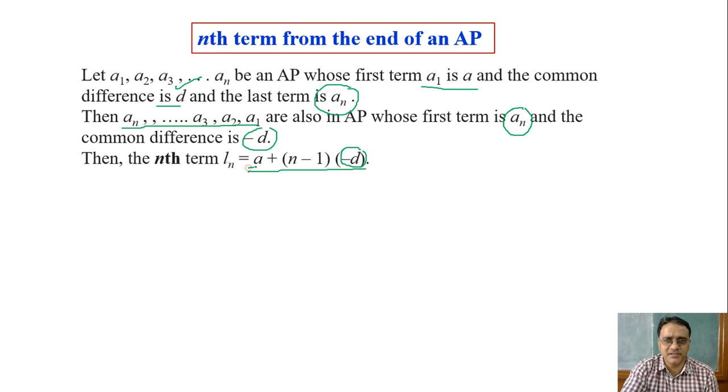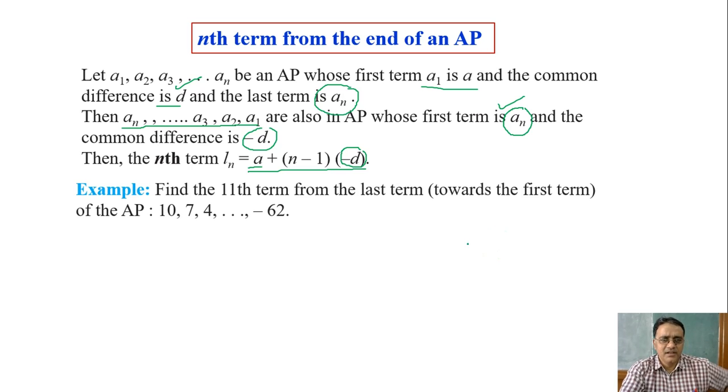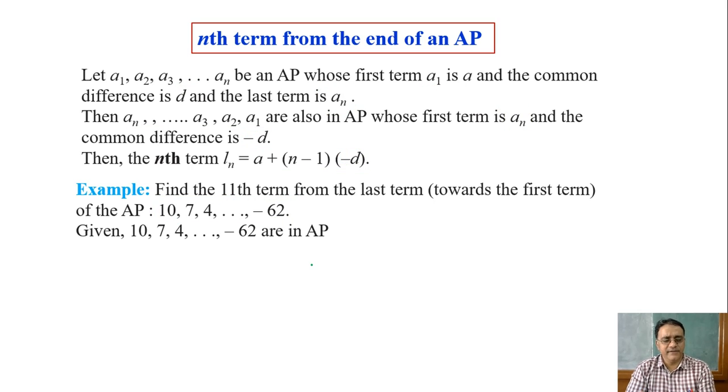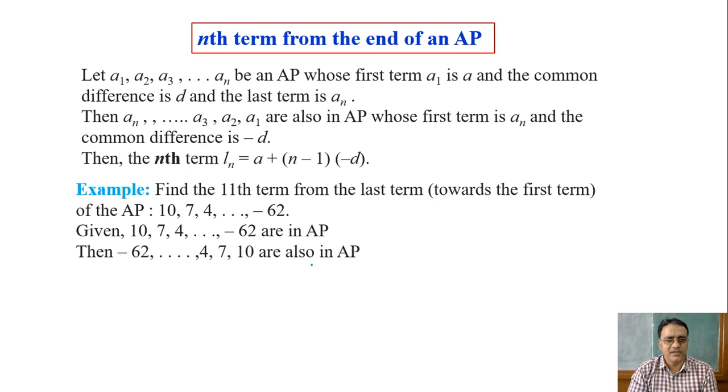Okay, what will be the first term here? This is the first term. I will explain with the help of one example. Suppose we have to find the 11th term from the last term towards the first term, or from the end of the AP 10, 7, 4 up to minus 62. If we write in the reverse order, then also it is in AP.